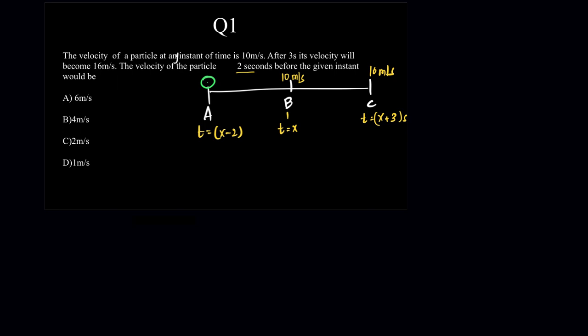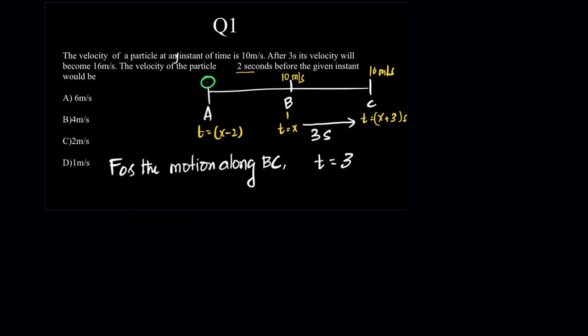See, for the motion along BC, what do we have? We know that this gap of time is 3 seconds. What is the value of u? u is given here as 10 meter per second.